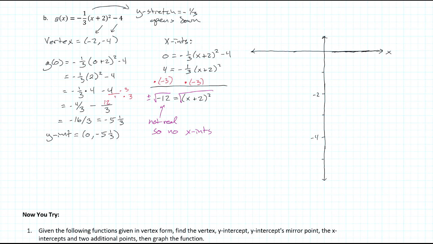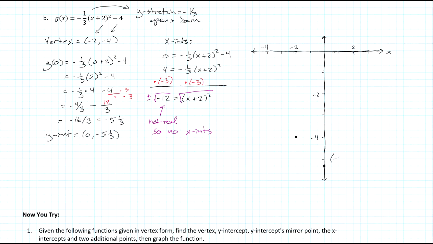And then in the x direction, I think we can stretch this out as well. Let's do negative 2, negative 4, 2. Okay. So now we can plot that vertex. Negative 2, negative 4 is all the way down here. And then the y-intercept is at (0, negative 5 and 1/3).